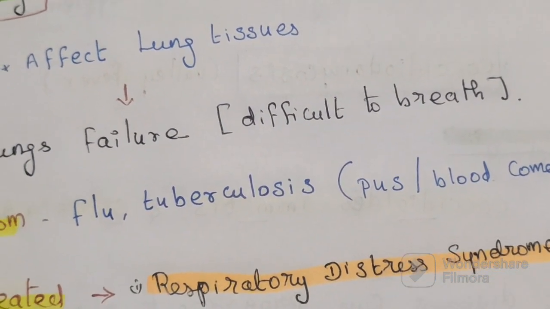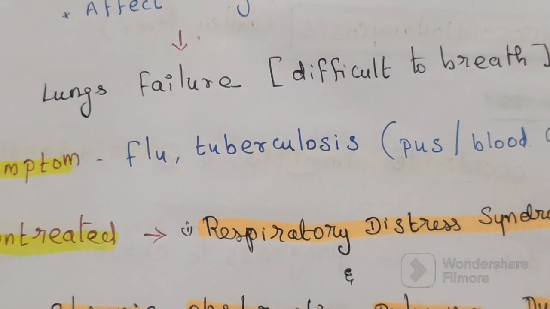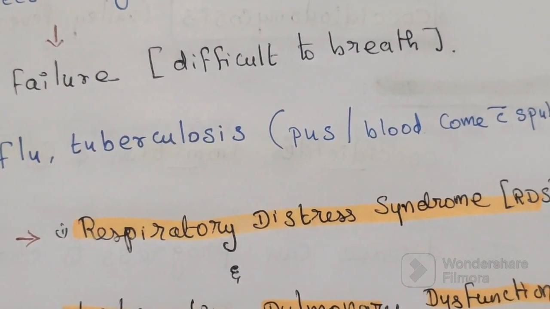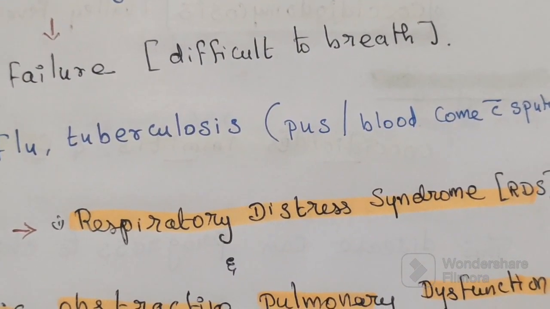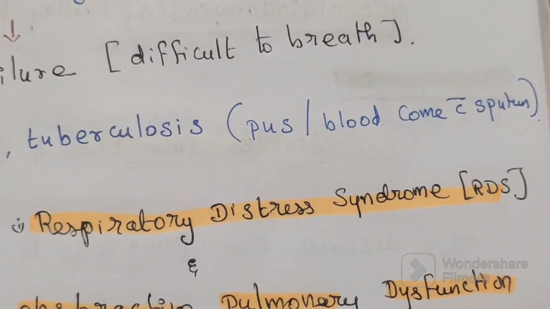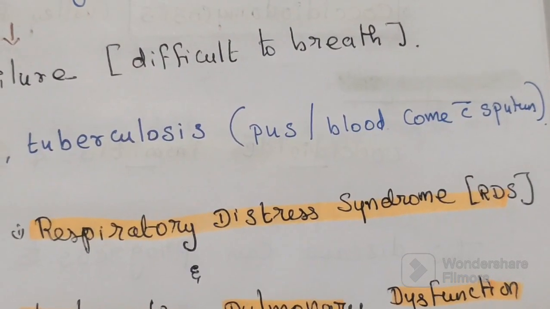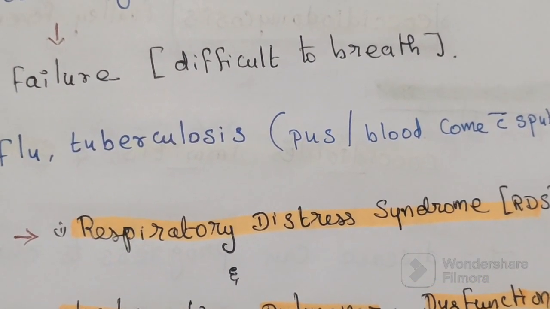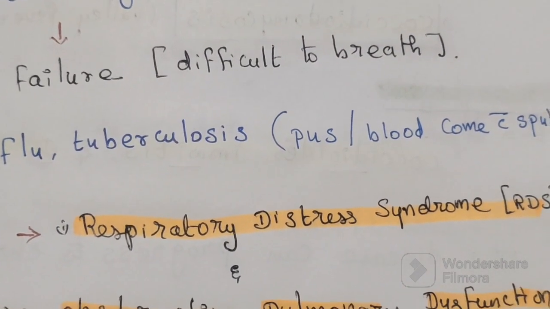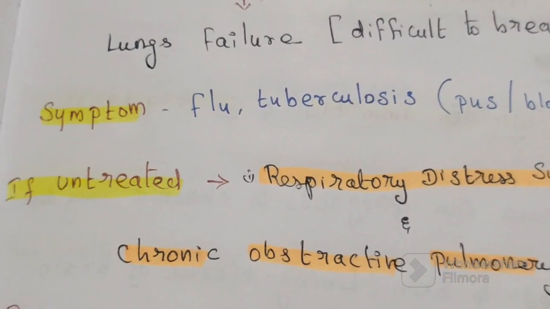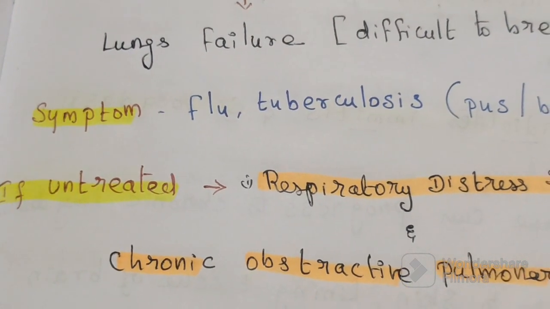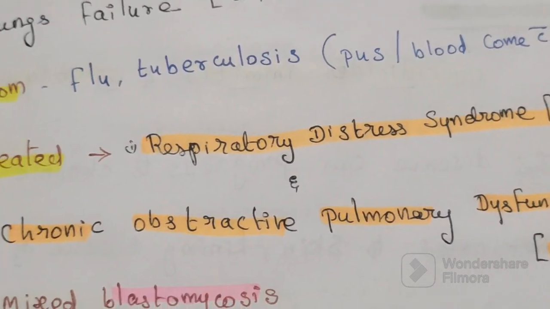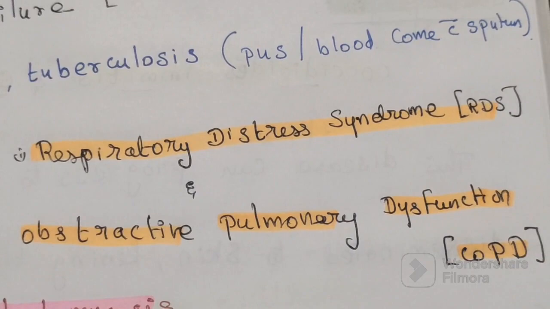After that there is sputum formation, difficulty breathing, sputum color change, sputum containing blood or pus. So people get confused whether it is tuberculosis or pulmonary blastomycosis. If untreated, it will cause respiratory distress syndrome or chronic obstructive pulmonary dysfunction.